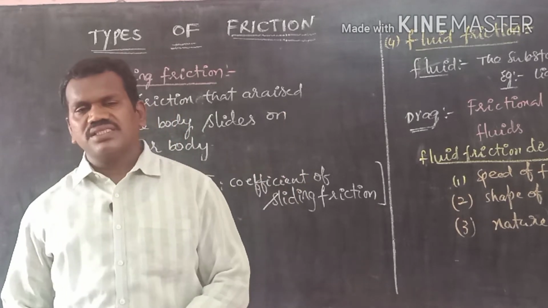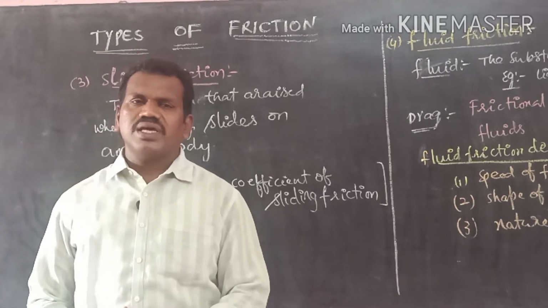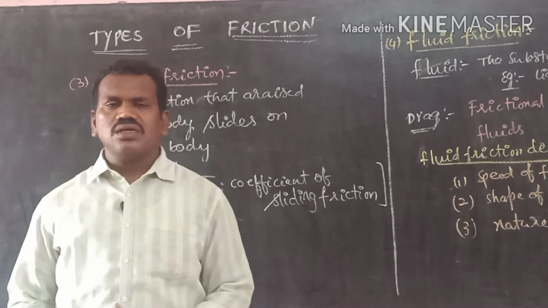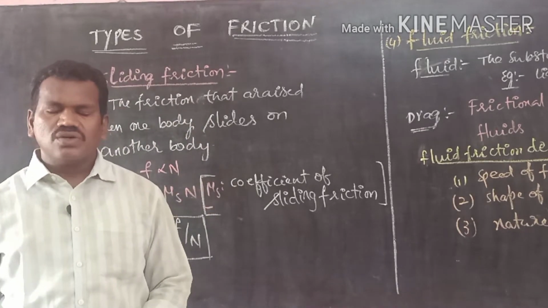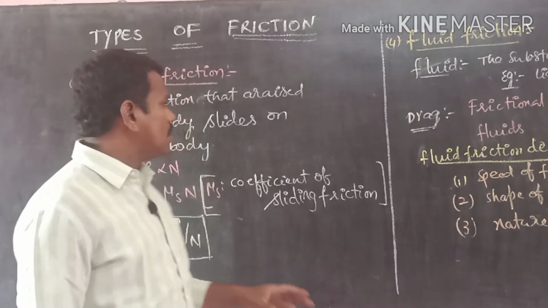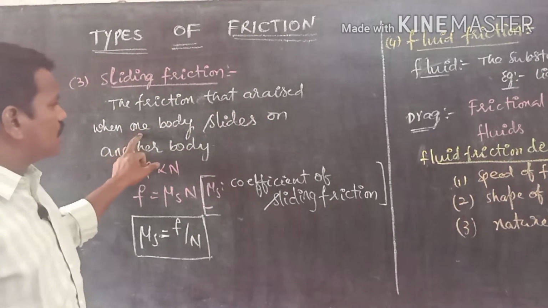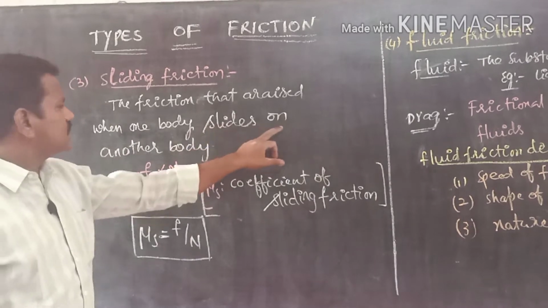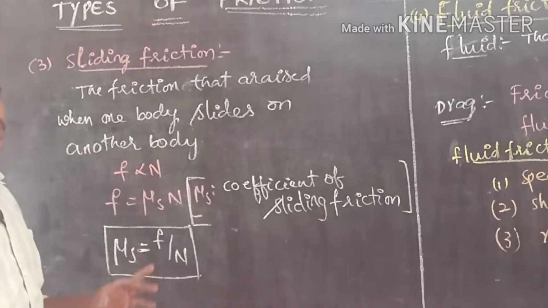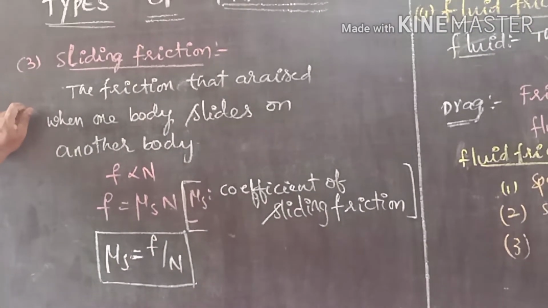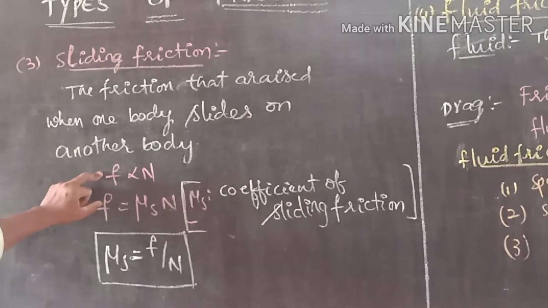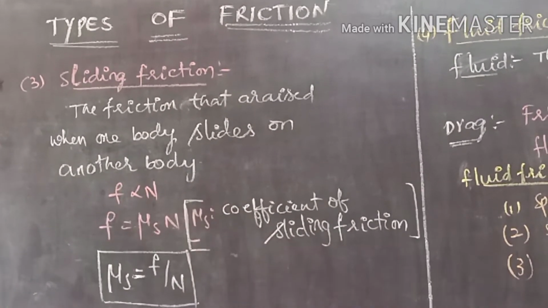An inclined plane is there. On the inclined plane you are sliding, that is called sliding friction. So what is the meaning of sliding friction? The friction that arises when one body slides on another body is called sliding friction. As we know, friction is directly proportional to normal force.